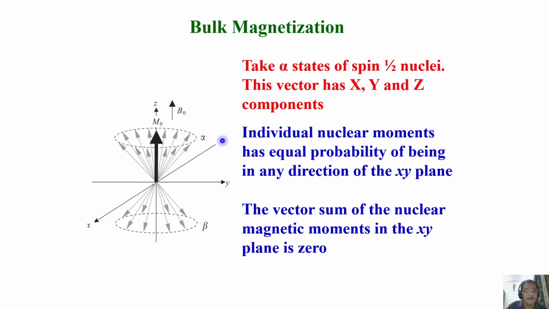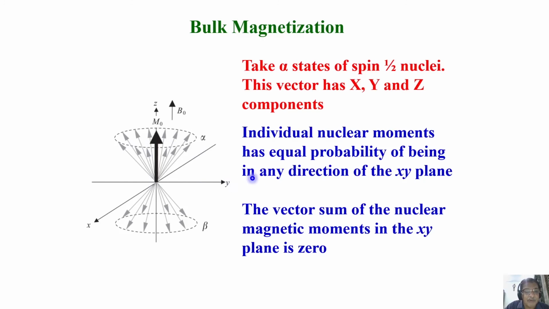Because they are undergoing precession, if I consider the xy plane, there is every probability of these vectors in this xy plane. If there is a component along the x-axis or y-axis in this direction, you can always find another vector in the opposite direction. When you take the vector addition of all of them, what will happen?